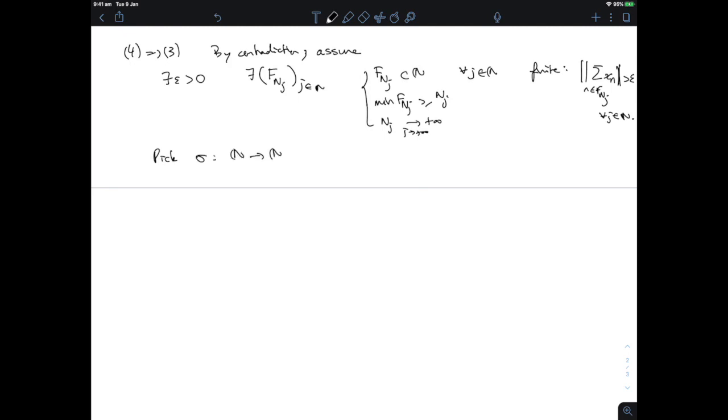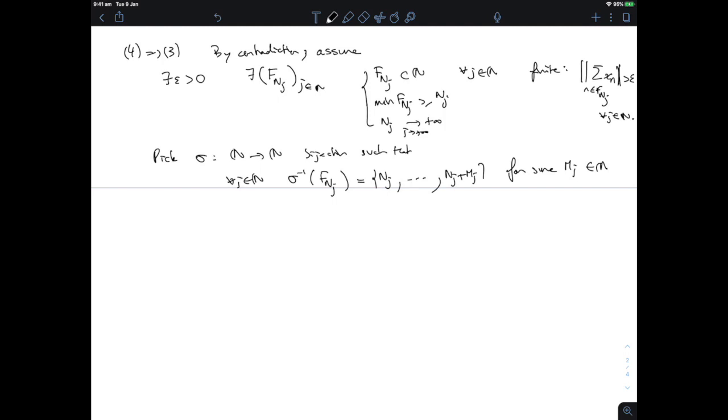So we pick a bijection such that the inverse image by this bijection of F_j is of the form n_j till n_j plus m_j for some m_j in N. And we do that for all j in N.